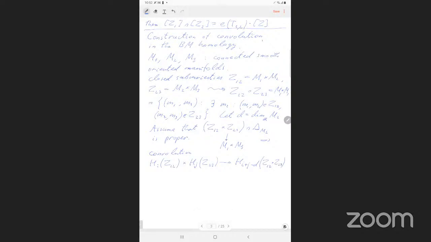By the way, note that this proper morphism above has the image exactly the composition of Z1,2 and Z2,3.